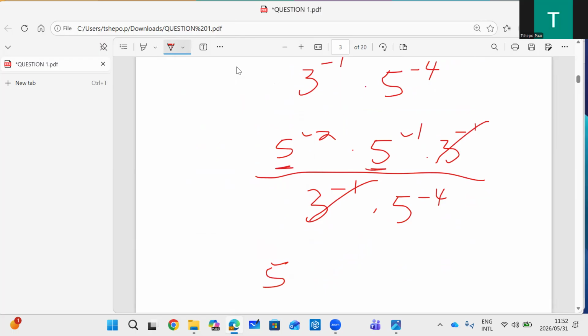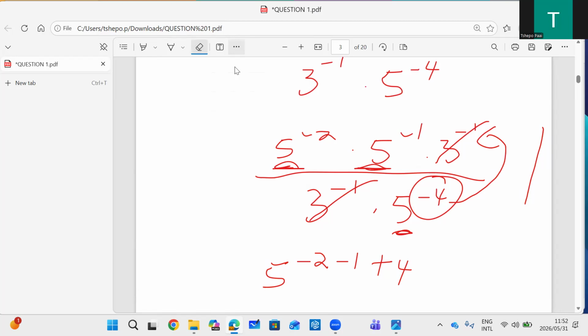When we multiply powers that have the same base, you add the exponents. So it will be minus 2 plus minus 1. The bases are the same, that's why we have minus 2 plus minus 1. So this minus 4, if you subtract it up there, it will be plus 4.